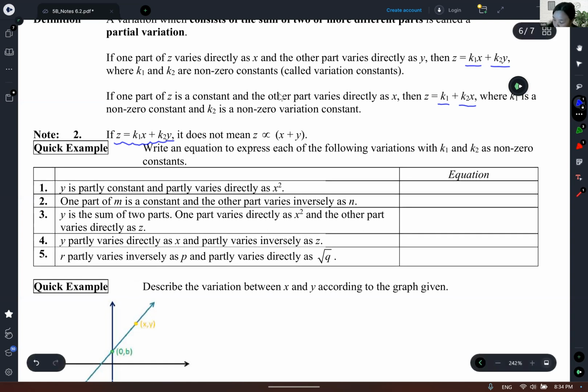In this case, you will write Y is partly a constant and partly directly as X squared. So a sum. Number 2, one part of M is a constant and the other part varies inversely as N. So one part is constant and one part is inversely as N.